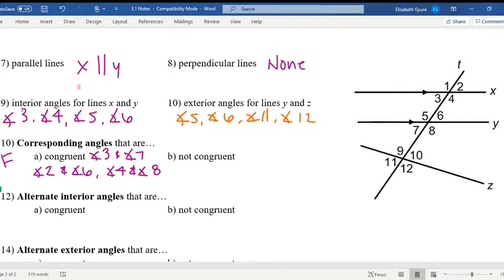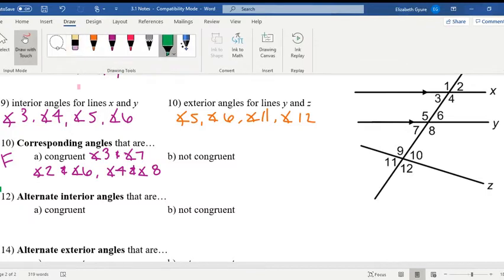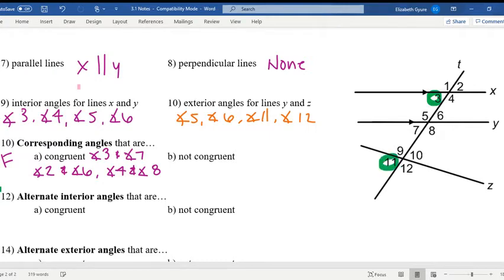So I'm going to pick out a pair that aren't congruent, and then I'd like you guys to pick out some more for me. So one that would not be congruent would be, and I'm going to give you one that goes with X and Z, and then it's up to you. Angle 3 and angle 11 would be a pair that are not congruent. Because isn't angle 3 up there on line X?